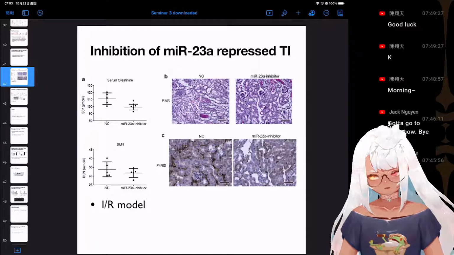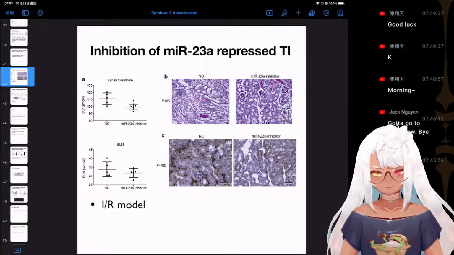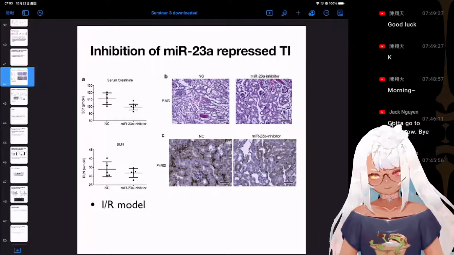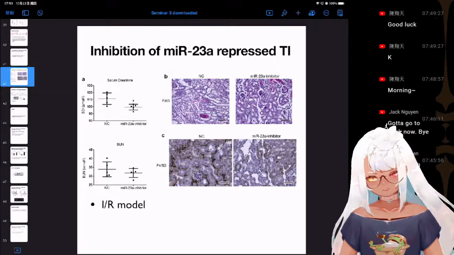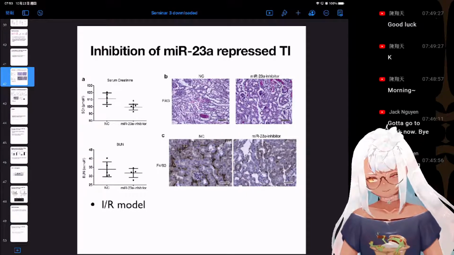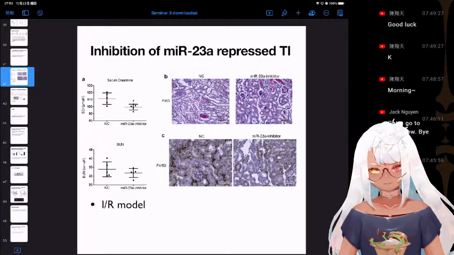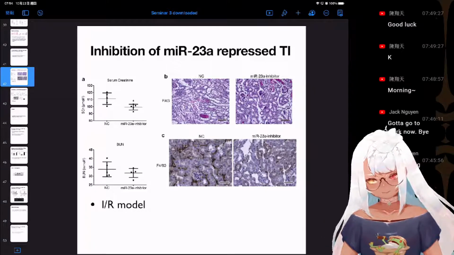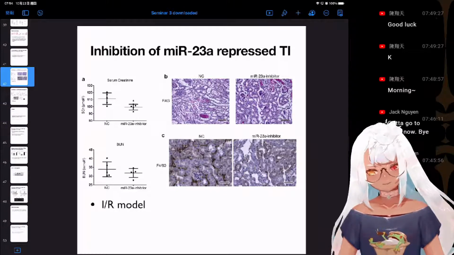Here the author uses gain and loss of function experiments, so they inhibit miR-23a, and as a result, in terms of kidney renal function, we can see that inhibition of miR-23a can bring down the level of serum creatinine and BUN, which indicates that inhibition of miR-23a will improve the function of our kidney.